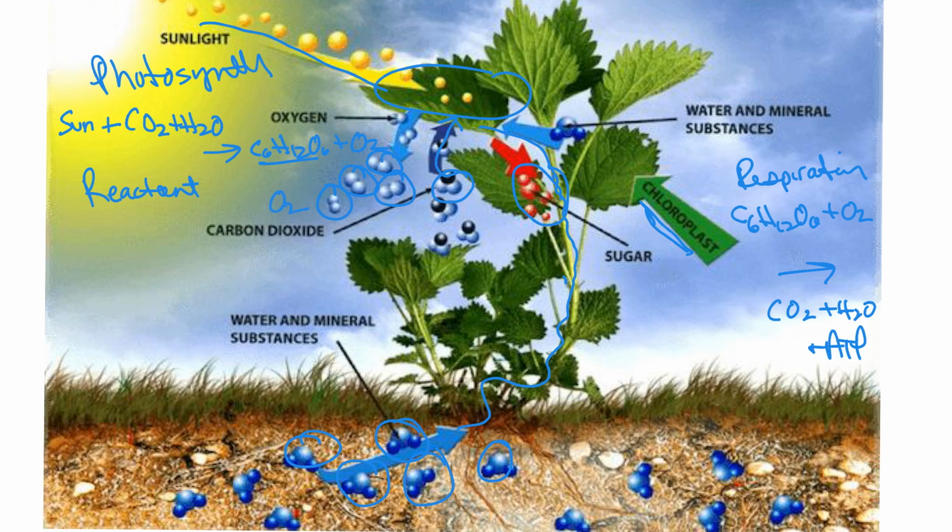And so what the plant would then do with that glucose is, in the mitochondria of the cells of these leaves, it would burn that glucose in the presence of oxygen, and it would produce carbon dioxide and water and some ATP energy that the cell would use to do what it needs to do to stay alive.